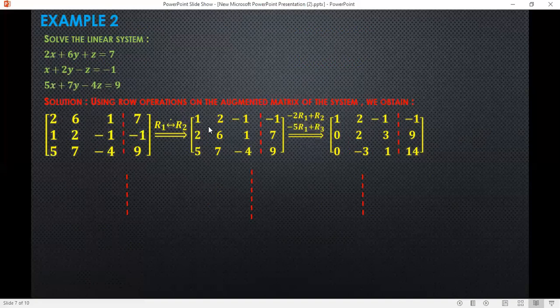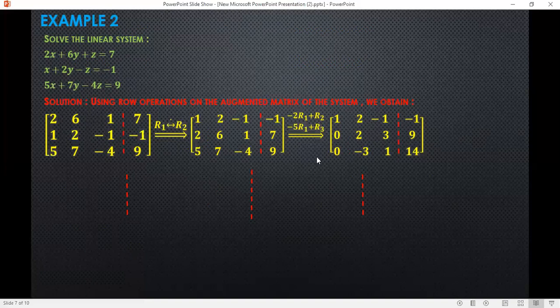And the second row will be negative 2 times 1, negative 2 plus 2 is 0, negative 2 times 2 equals negative 4, negative 4 plus 6 equals 2. As you see here, negative 2 times negative 1 is 2 plus 1 equals 3. Negative 2 times negative 1 equals 2, 2 plus 7 equals 9, as you see here.